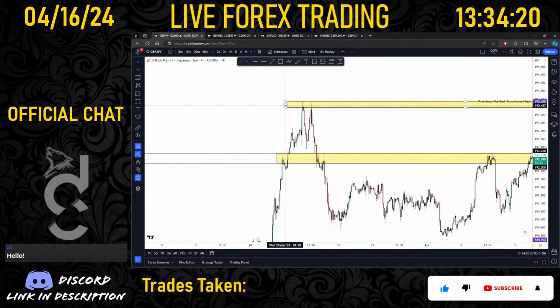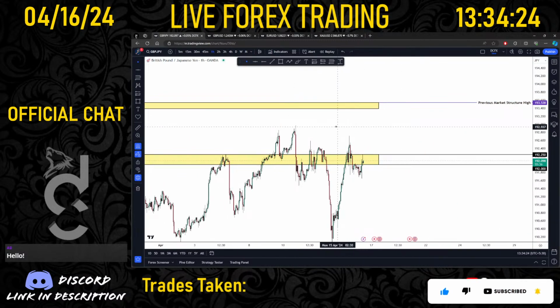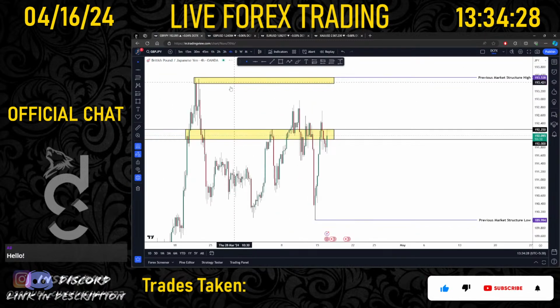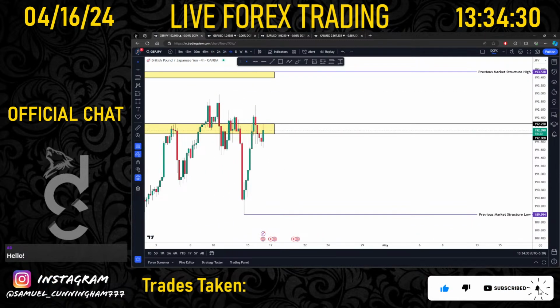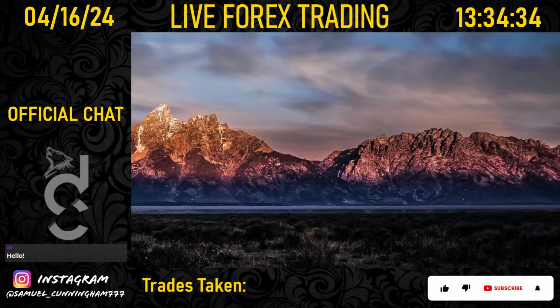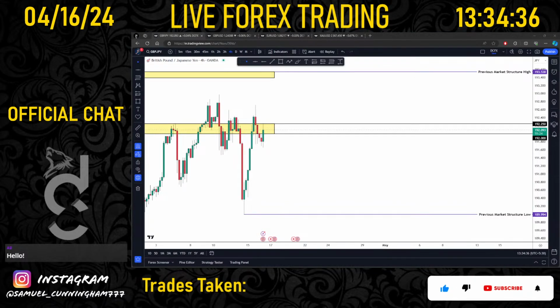We could potentially tap this resistance before continuing down, so we will have to see what GJ exactly does. 4-hour time frame, we're gonna wait for market to close and then we will see what's good. Okay, so let's see.